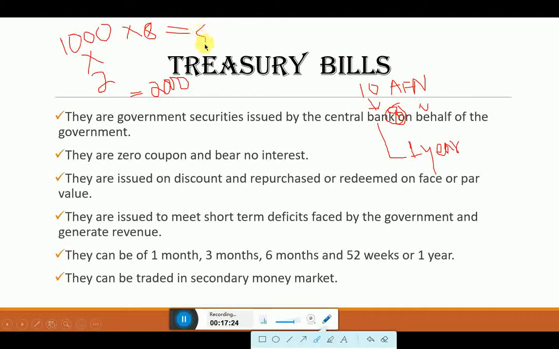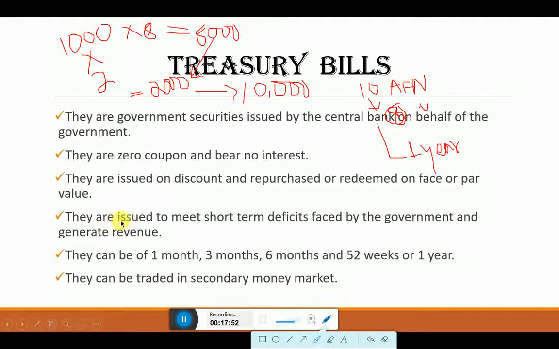If today I invest 8,000 in the central bank, after 1 year I'll be given 2,000 Afghani profit, and for the 1,000 T-bills that I have purchased today, I'll be paid 10,000 by the central bank, right?